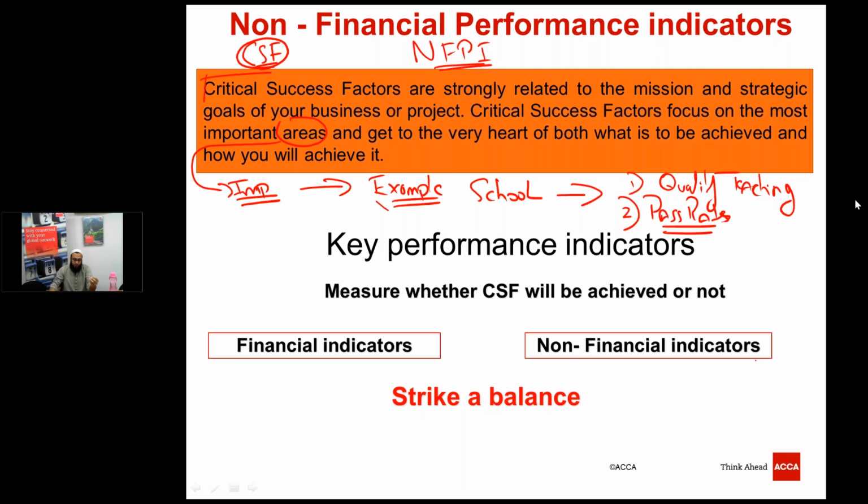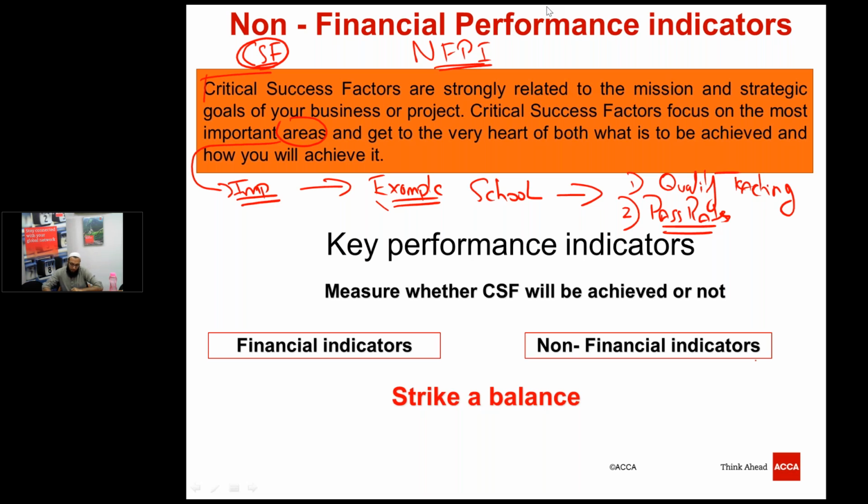Quality food, service, comfort, hygienic conditions, cleanliness. So for a restaurant, there are so many success factors. Critical success factors are the ones that ensure that the organization achieves its objective of success.